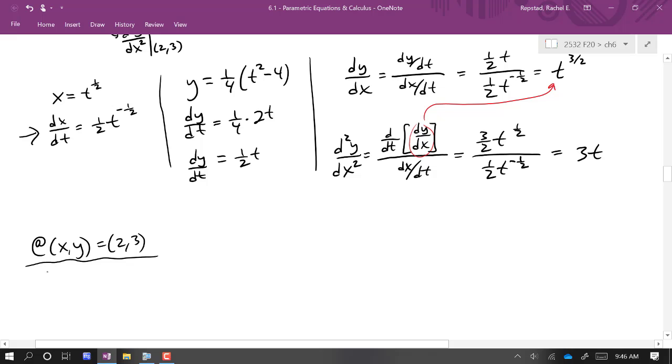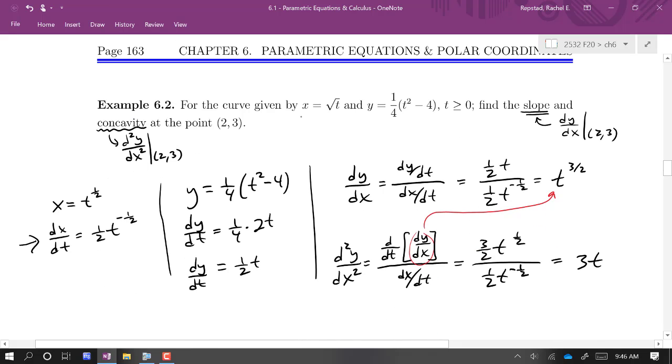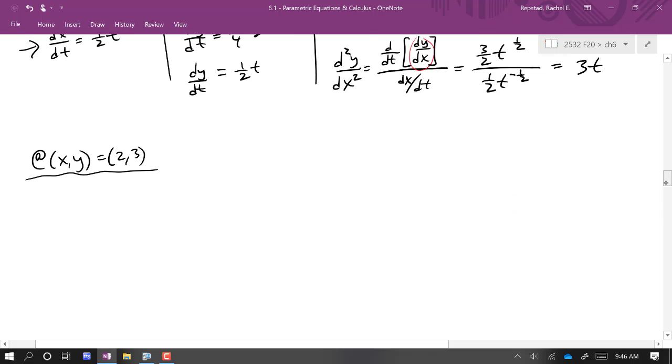So we need to find the value of t that we're going to plug in. To do that, we'll just use one of these equations, say the x equation. I know that x is 2. That means the square root of t is equal to 2, and if we square both sides, we get t equals 4. We could also use the y equation and get the same value of t.